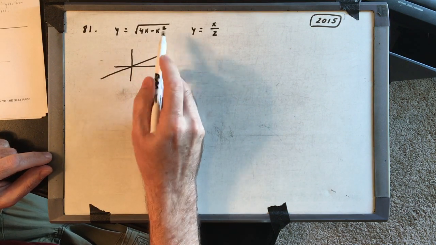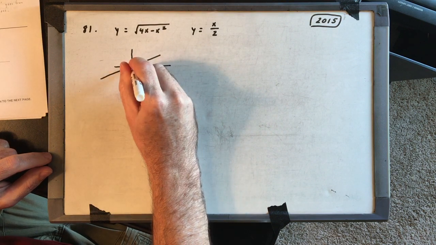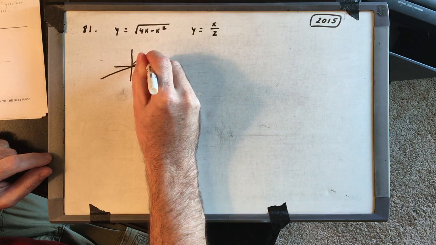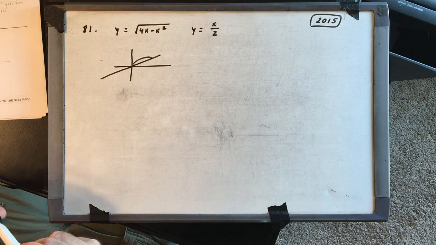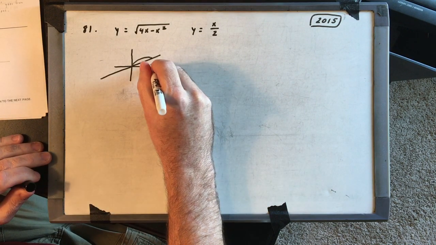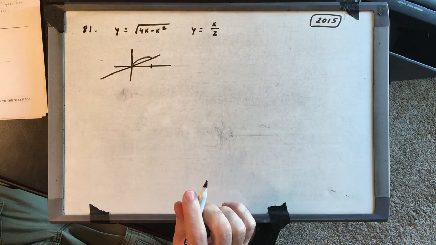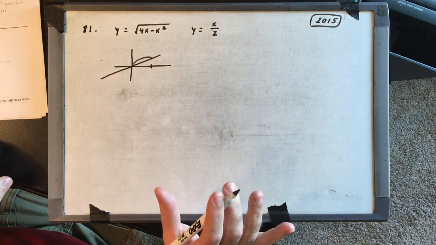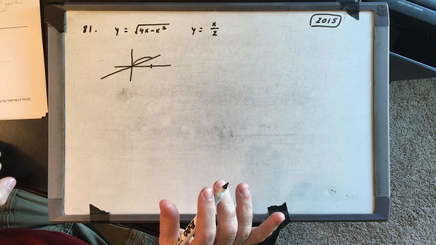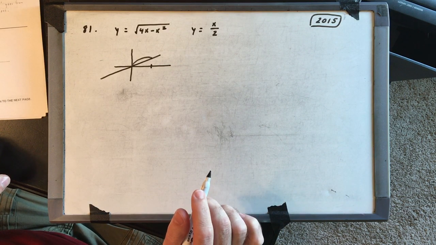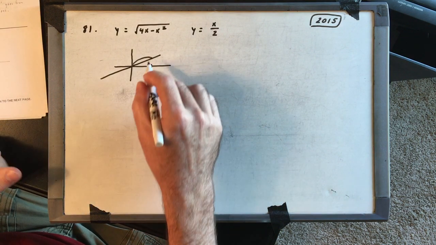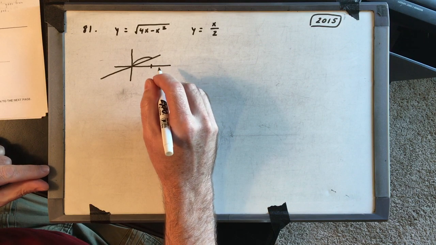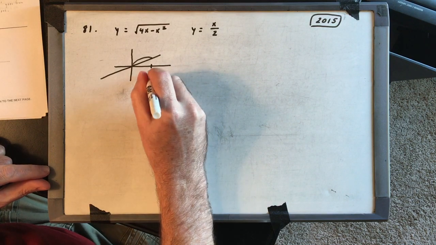The square root of 4x minus x squared would look something like this. Where they cross, you can either use the graph and do the intersection function, or you could use the solve function and just set the two equal, where you'll get more than one answer. But if you do that, they cross at 3.2.